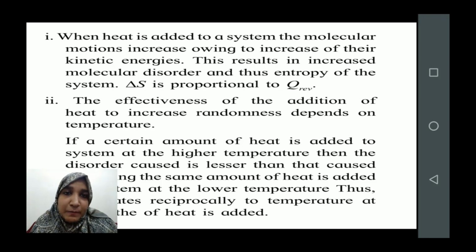But if the temperature is low, it means the entropy is less, and the small increase or decrease in heat will be very significant and observable. This is how we justify the presence of Q reversible and temperature in the definition of delta S.